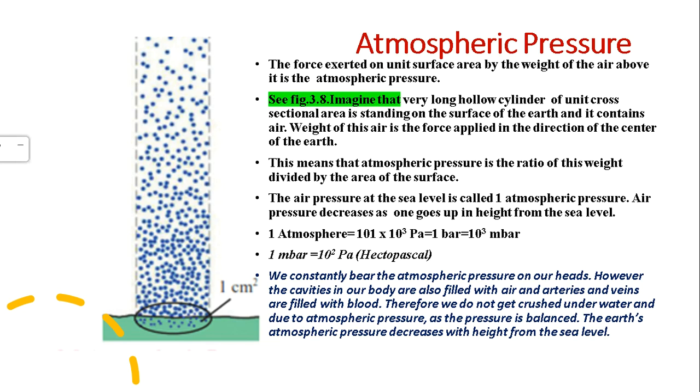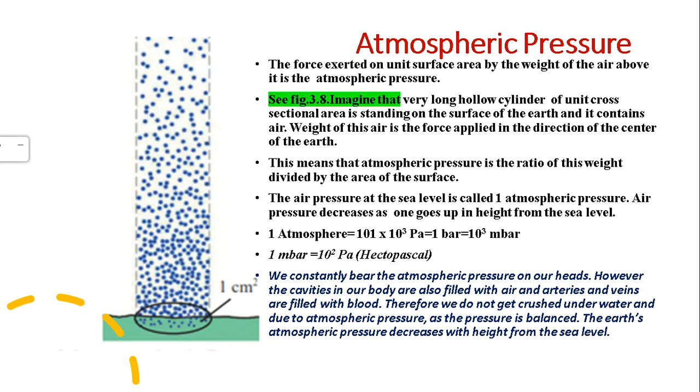This means that atmospheric pressure is the ratio of this weight divided by the area of the surface. The air pressure at sea level is called 1 atmospheric pressure. Air pressure decreases as one goes up in height from sea level.